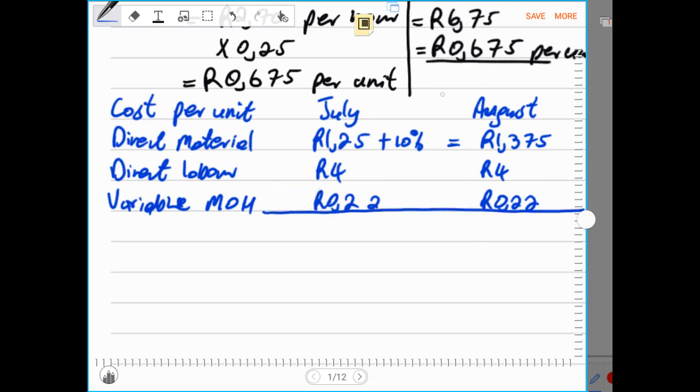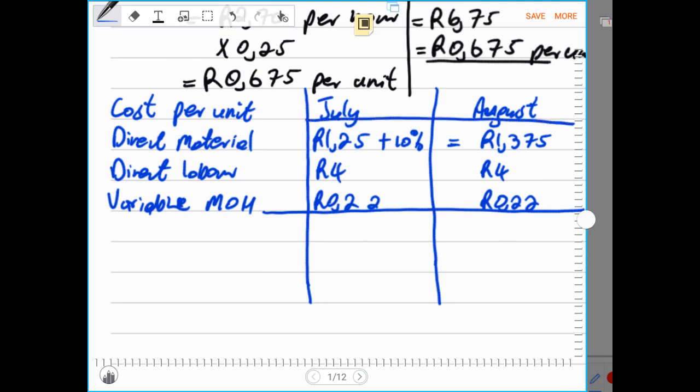However, you might be tested where you have to calculate using number of machine hours or number of labor hours. I'm doing this because I know that you might be tested in any way and you need to master all these approaches or methods in terms of allocating your overheads.